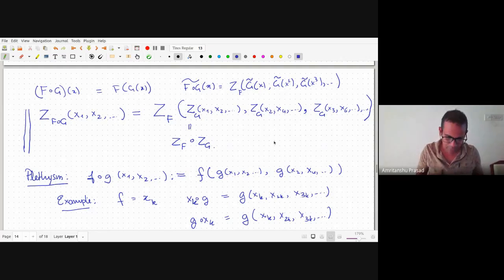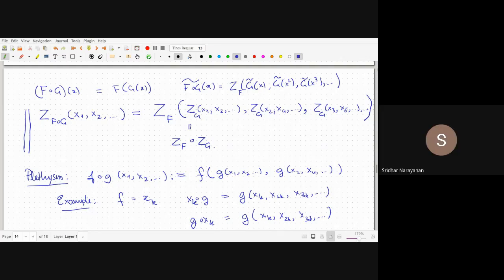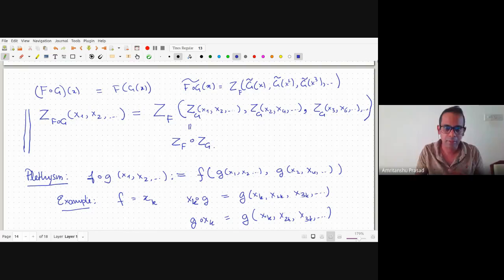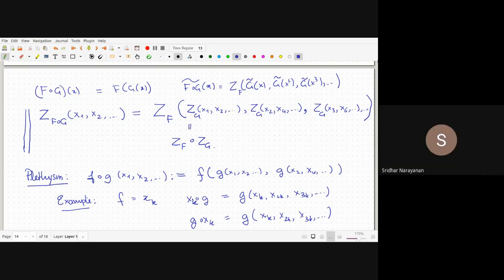I just had one question. Is there a wreath product operation on species? No, but this substitution of species is like the wreath product. In terms of permutation representations, it's like this induction from the wreath product. But there are wreath products on graphs and stuff.